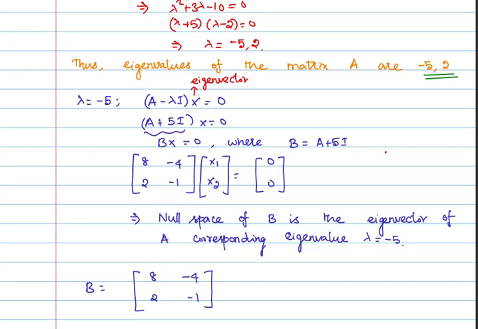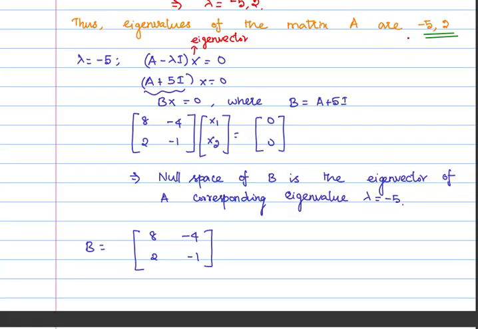Now the other eigenvalue is lambda equal to 2. So for lambda equal to 2, A minus 2I times x equal to 0.